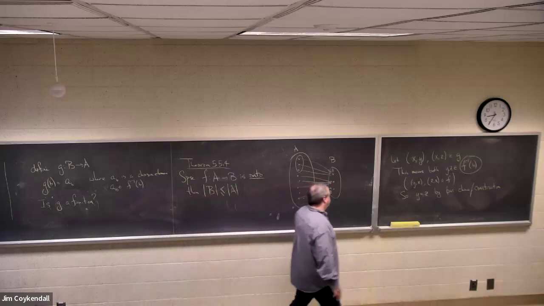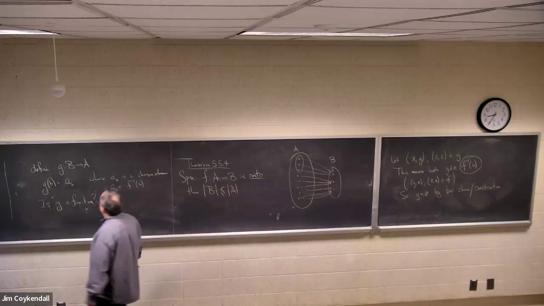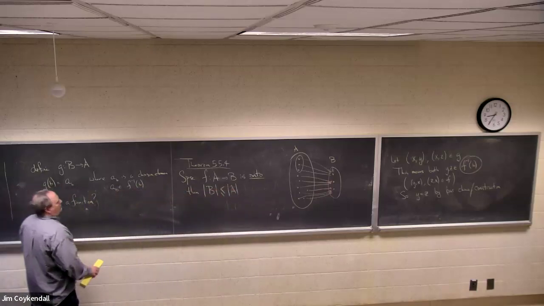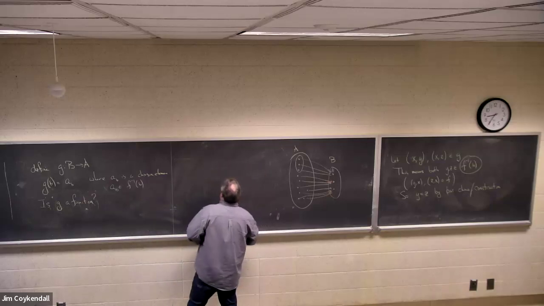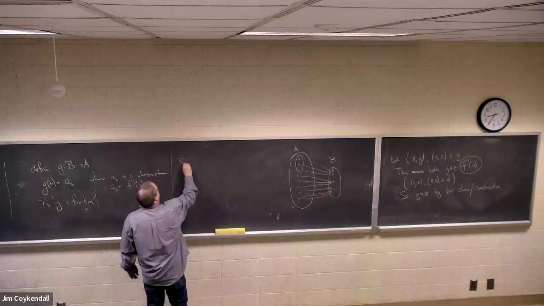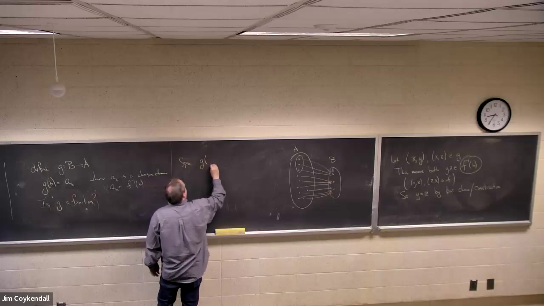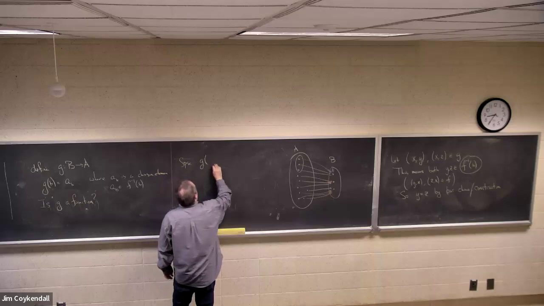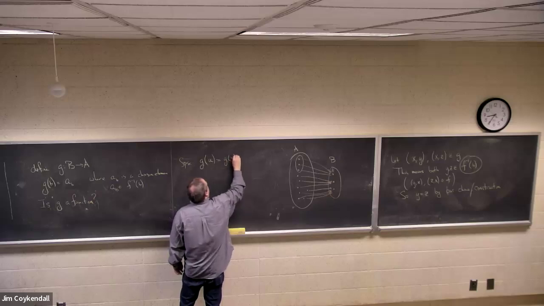Why is it one-to-one? Now suppose G(u) equals G(v).